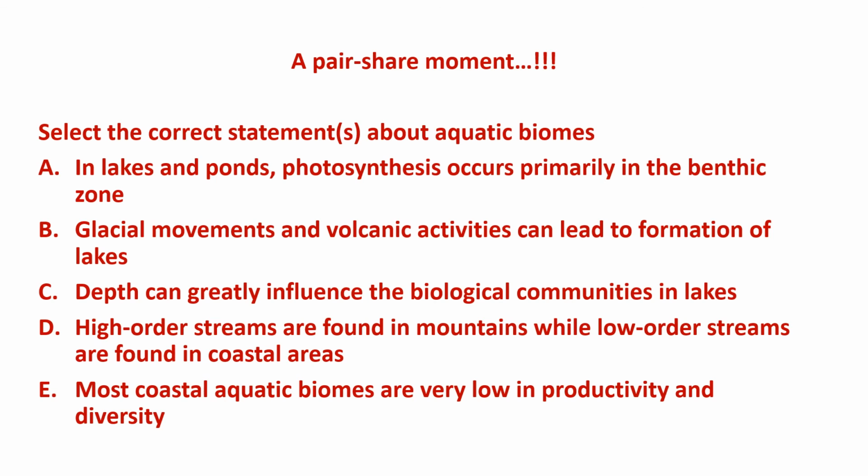We are aware of many coastal aquatic biomes like estuaries, tidal flats, coral reefs and several other coastal biomes that are quite rich in diversity and extremely productive simply because of greater supply of nutrients. So option E is incorrect, D is incorrect, A is incorrect, leaving B and C to be the correct answers here.